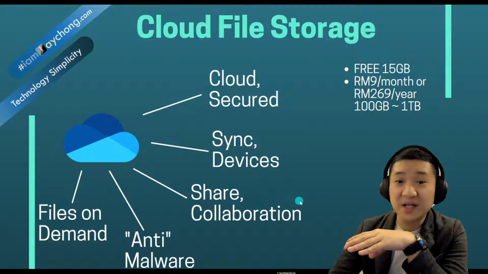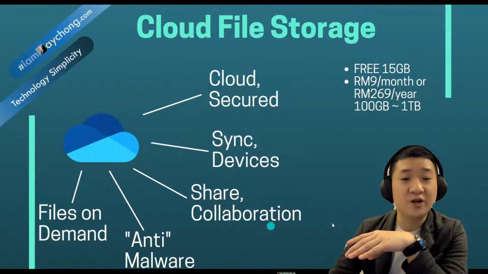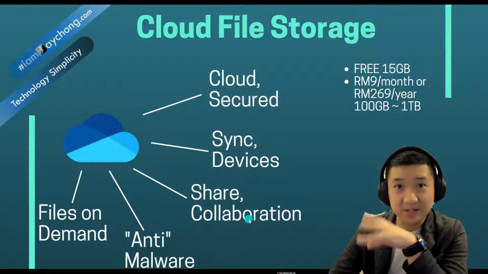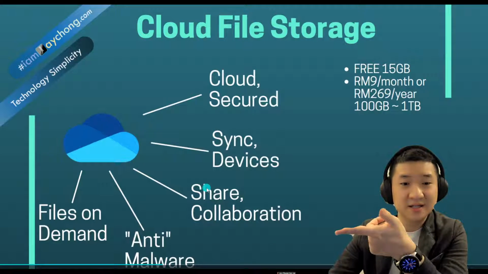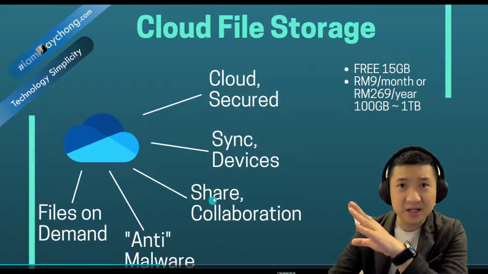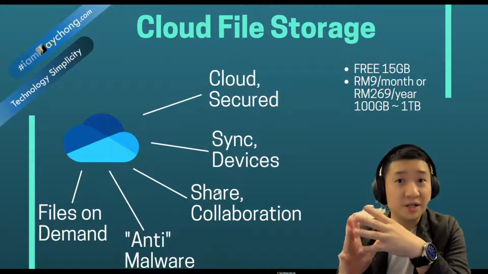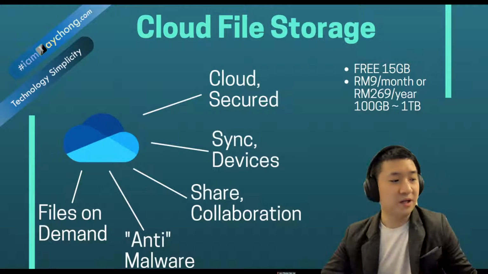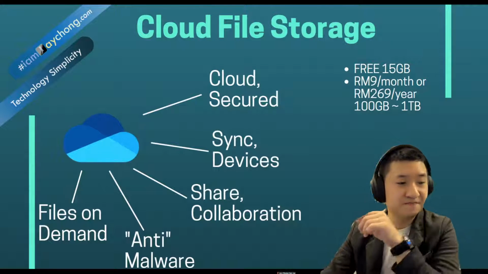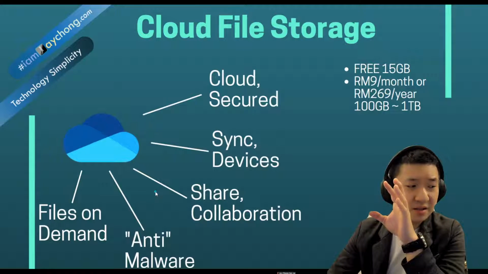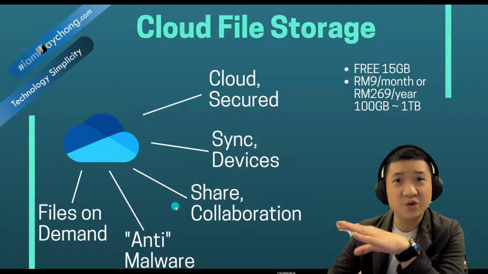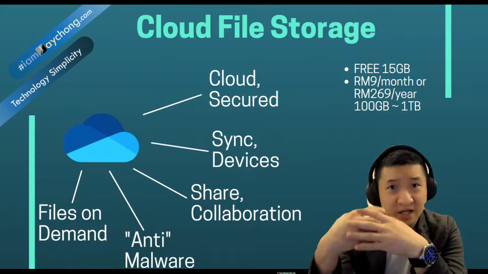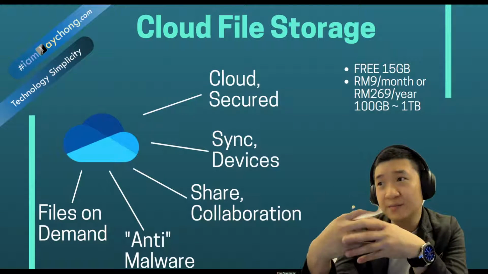And the best part is, again, I can share and collaborate. Yeah, the same file I can share to view, or I can share with someone to edit. And okay, this is the best thing. I'm not sure you guys heard about ransomware before. Okay, basically ransomware is when they put a malware in your PC, and then all your files will be encrypted and you can't open the files unless you pay them.